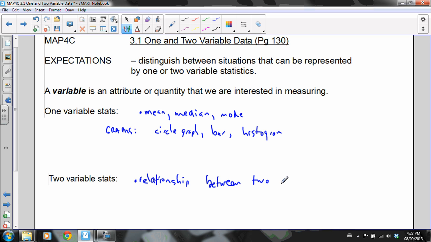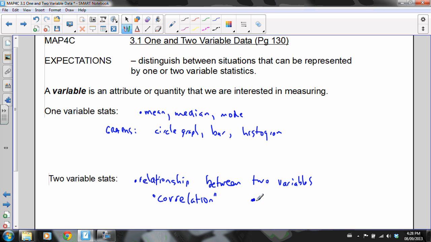And when there's a relationship between two variables, there's a special word, nice fancy math word called correlation. Correlation. And you can kind of see the word correlation as co-relation. Like co meaning, a co-op, a partnership between student and business. And relation means a relationship between two variables. So correlation.